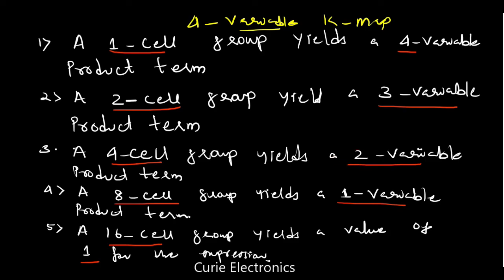That is why we say the group should be as large as possible. An 8 cell group yields 1 variable. When the number of ones or zeros is increased to 8 and we group them, only 1 variable comes as the answer. So we should look for a larger group. A 16 cell group yields a value of 1 for the expression.